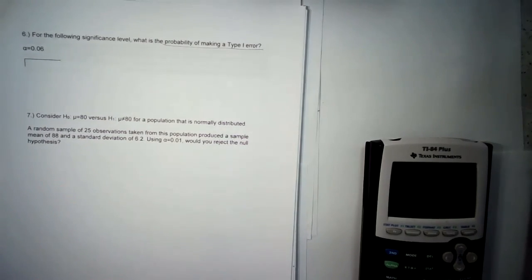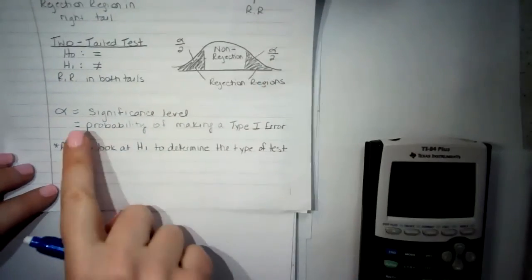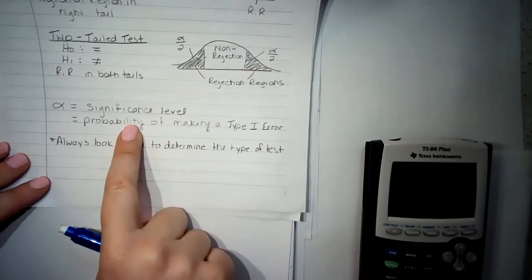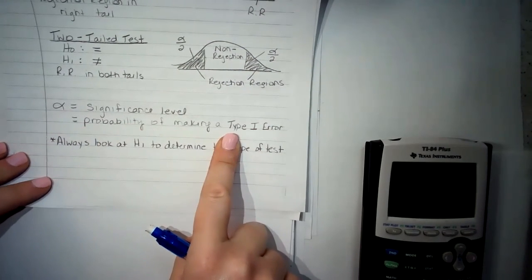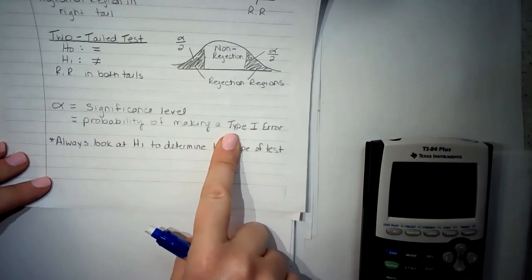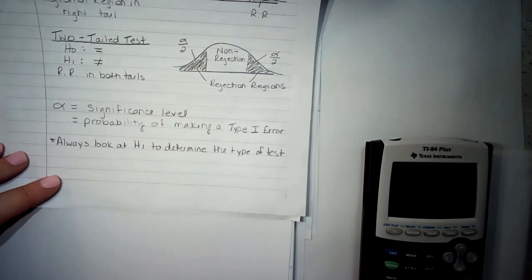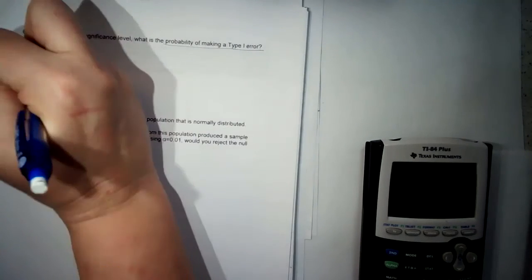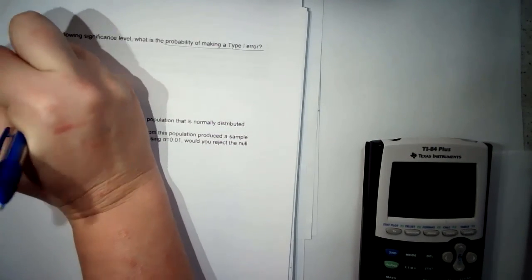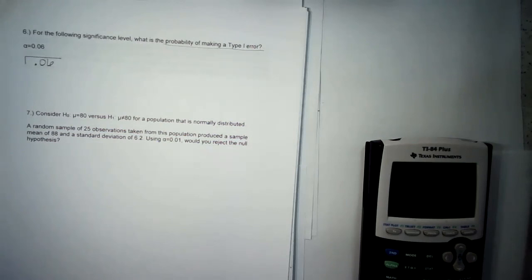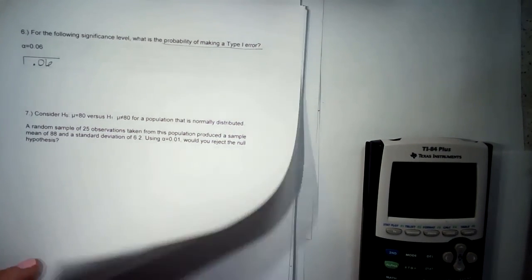They're the same thing. If you go back here, look, alpha is the significance level. It's also the probability of making a type 1 error. They're the same thing. This is just the front of your little cheat sheet. So your answer is going to be 0.06. It's a trick question, basically, is what it boils down to. They're the same thing.